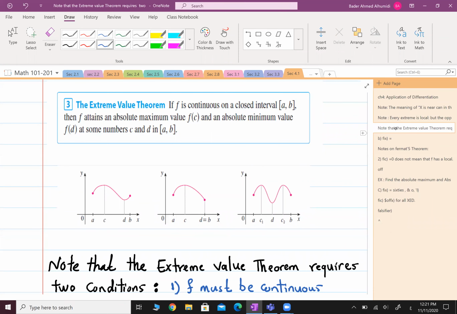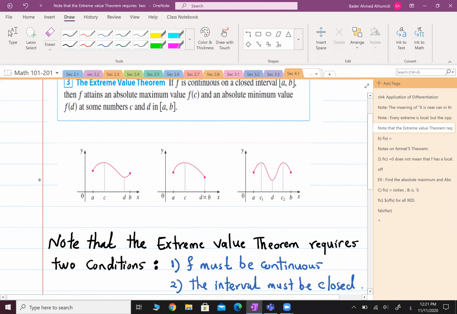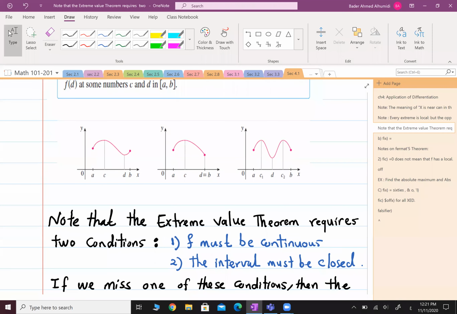طبعا ما راح نركز كثير على الستيتمنت، راح نركز كثير على تطبيقاته في المستقبل القريب. Okay. Sure. Yes, please. What if we had a horizontal line? Would that defy the theorem? If we have a horizontal line, every point in the horizontal line is considered to be a maximum. At the same time, it is a minimum. That is the only case where all points are considered to be maximum and all points are minimum.